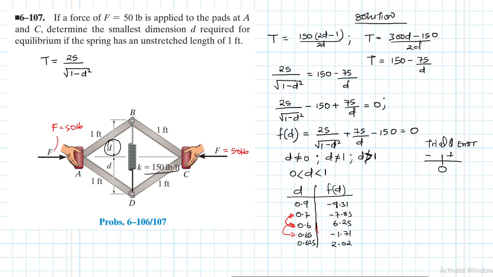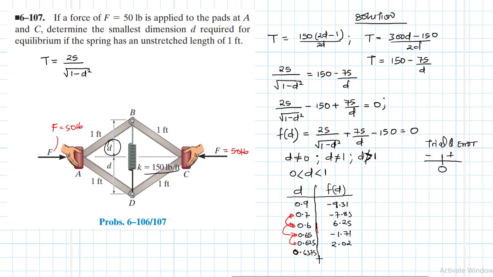So let's go for this. I'm sure our answer is being refined, this and this. So it becomes 0.625 plus 0.65 divided by 2. So this becomes 0.6375.